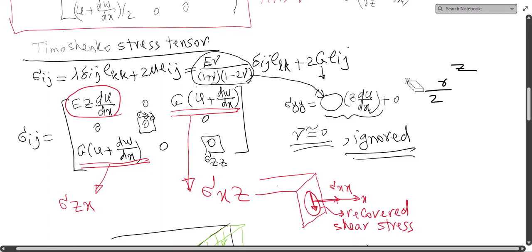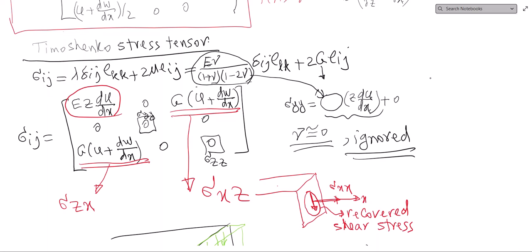So what I'm trying to say here is if you assume that epsilon xz is gamma divided by 2, then sigma xz, which is G times epsilon xz, times 2.